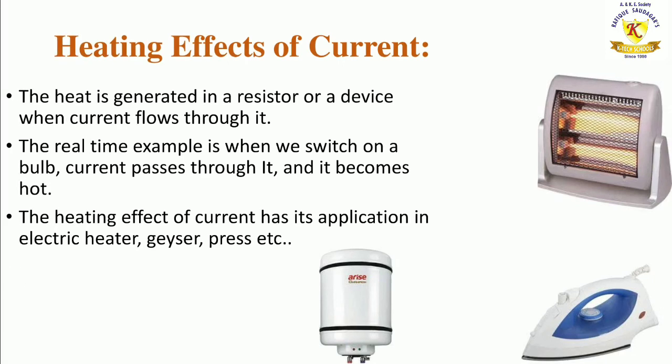The heat is generated in a resistor or a device when current flows through it. A real-time example is when we switch on a bulb, current passes through it and it becomes hot. The heating effect of current has its application in electrical heater, geyser, press, etc.